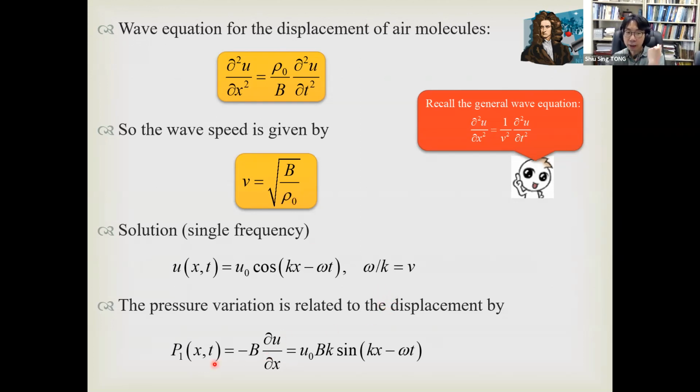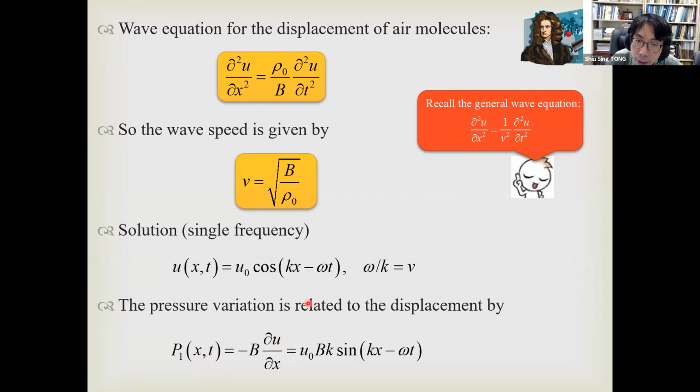Now we can find the pressure change from the displacement. We now know the displacement u, and the previous discussion tells me that if I differentiate u and multiply by a constant, minus the bulk modulus, I get the pressure change. So we have a straightforward differentiation of this. Differentiating cosine gives me a minus sign.